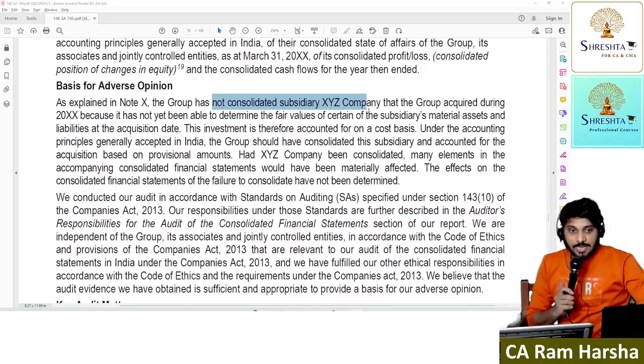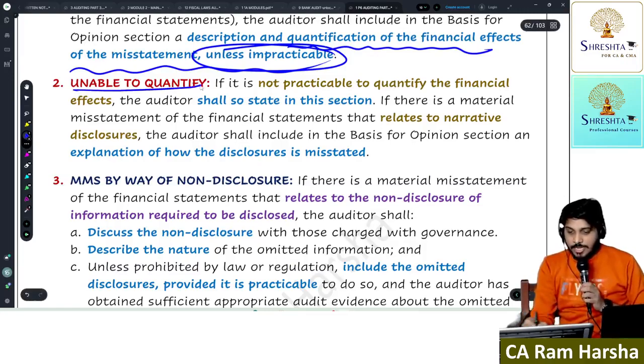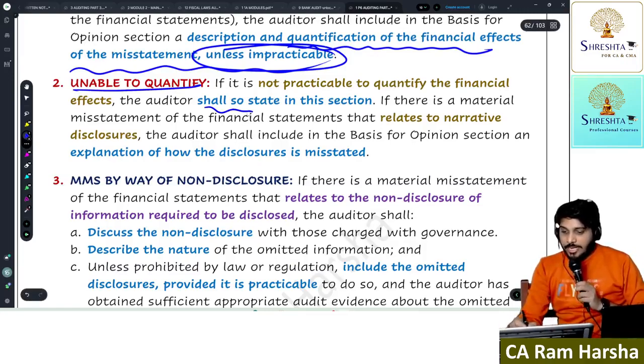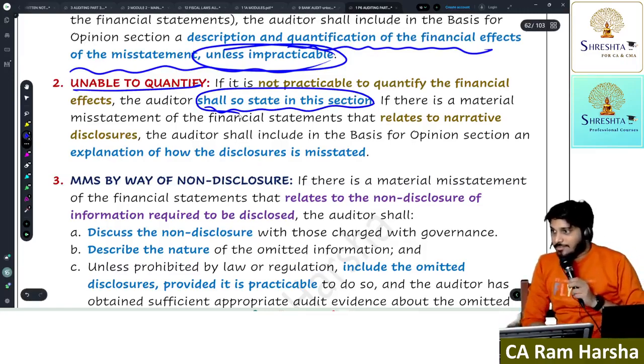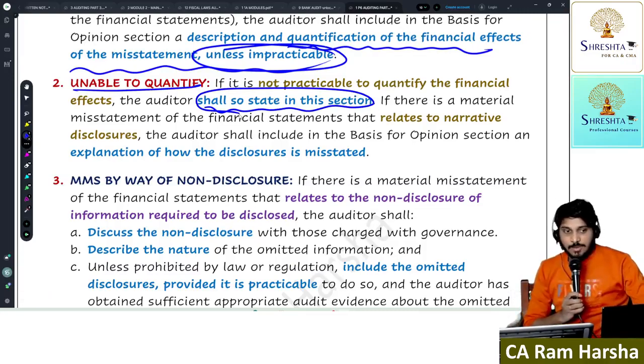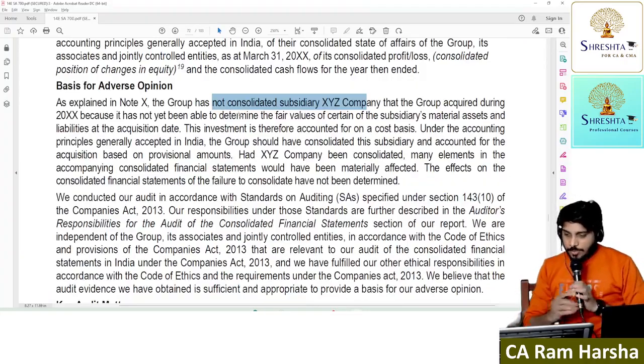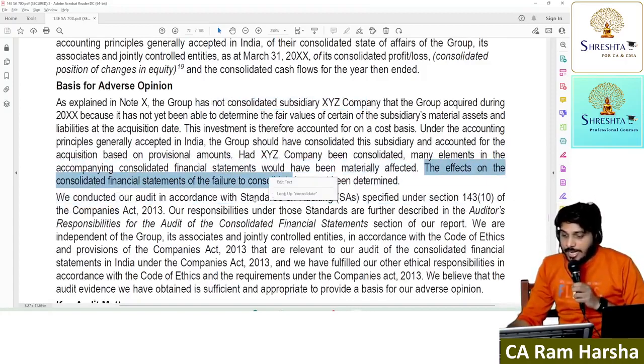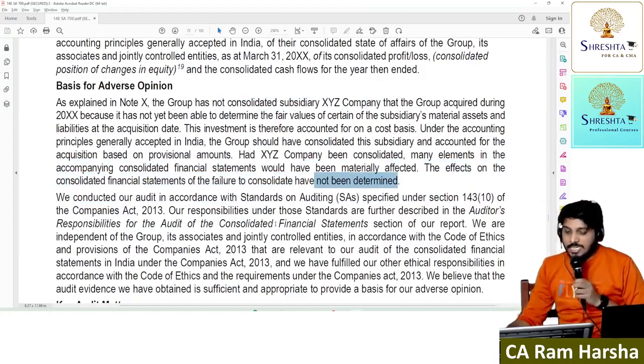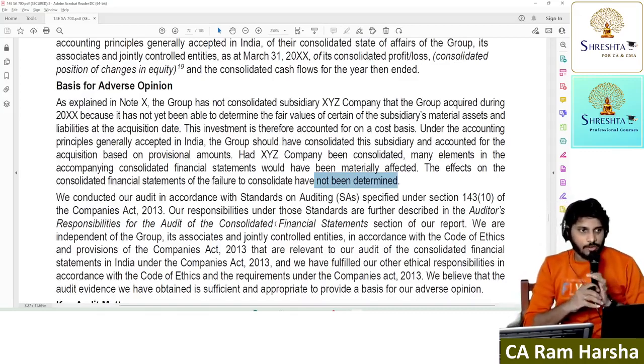If the auditor is unable to quantify, the auditor shall state that. Getting it? That's what the auditor mentioned in this adverse opinion: the effect on the consolidated financials of the failure to consolidate has not been determined. The auditor must mention that he didn't determine. Are you clear, all of you?